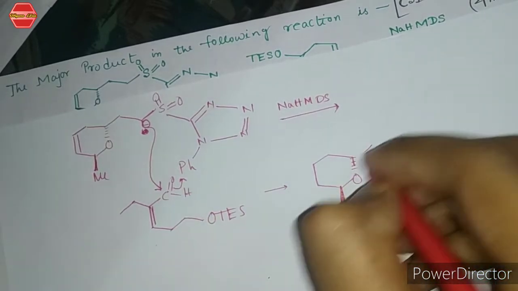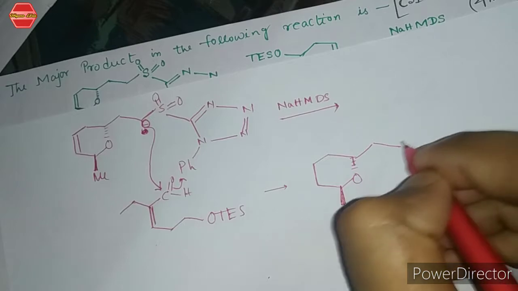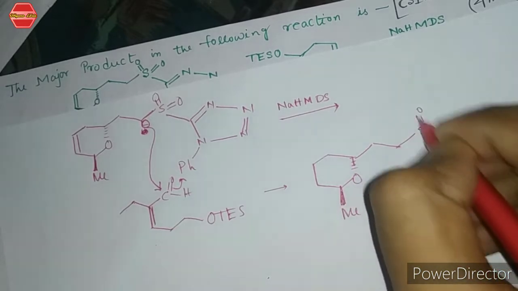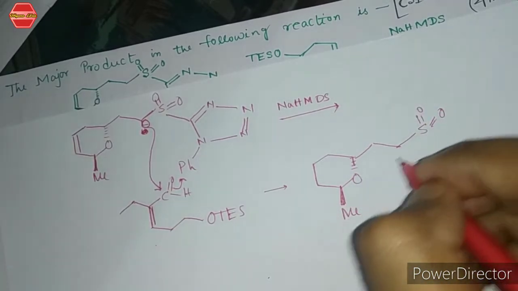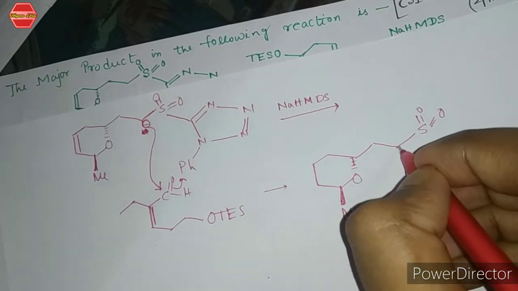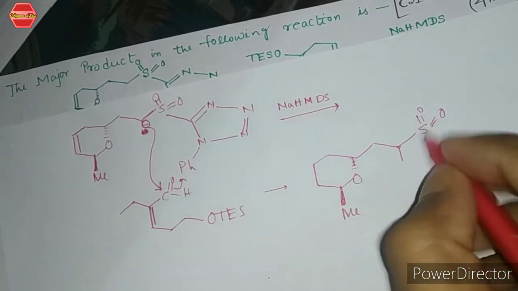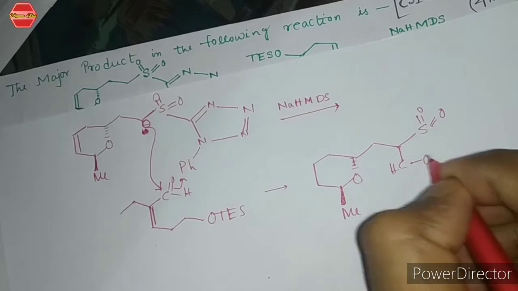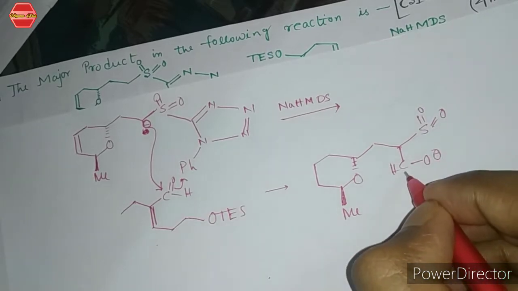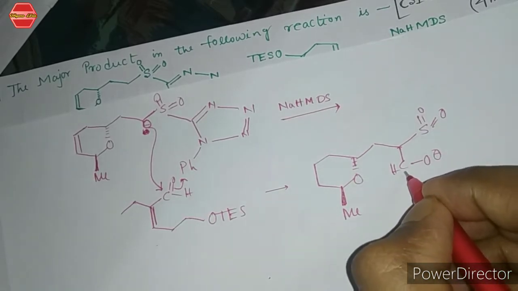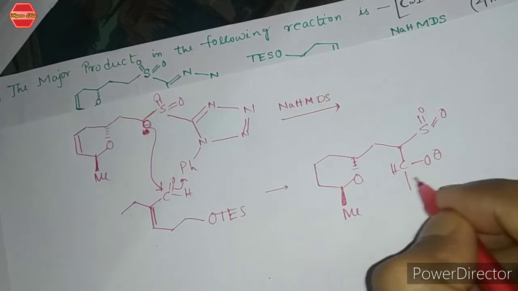As this double bond O, there is a negative charge, and this is a carbon CHO minus, and the overall group.